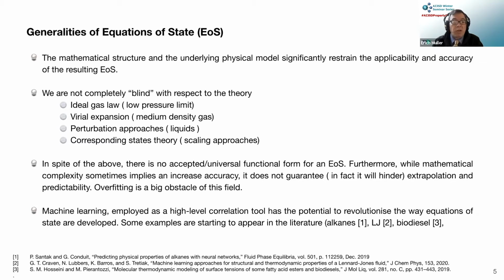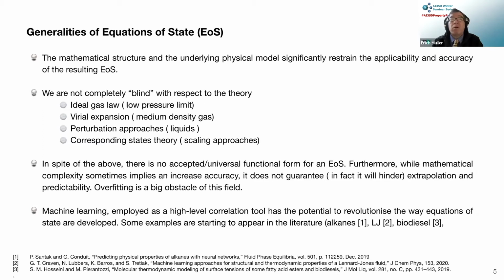And the corresponding states theory, which we'll discuss again here, provides us with some scaling approaches and makes it slightly easier to understand different fluids just by comparing them to a given standard, or by scaling in such a way that most fluids can be modeled with the same type of mathematical function.